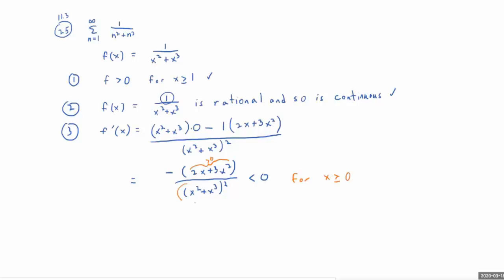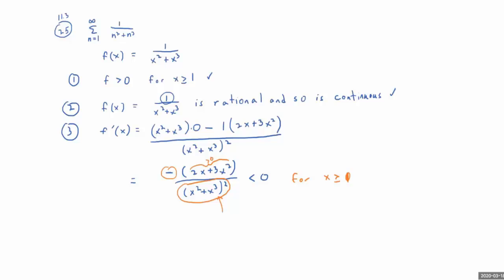And then this guy is always bigger than 0 as long as x doesn't equal 0, and it's not. For x greater than or equal to 1, this guy is always positive. So if you take a negative of something that's always positive, you know it's going to be less than 0.